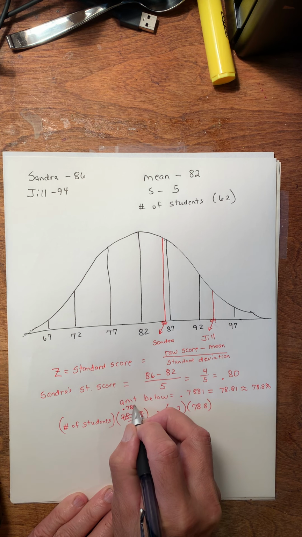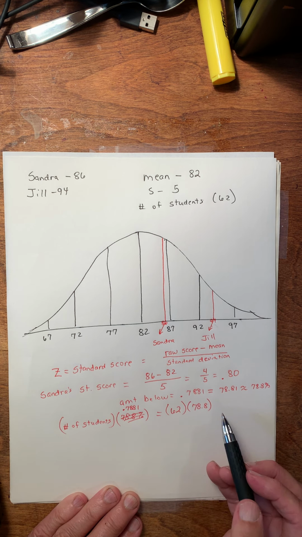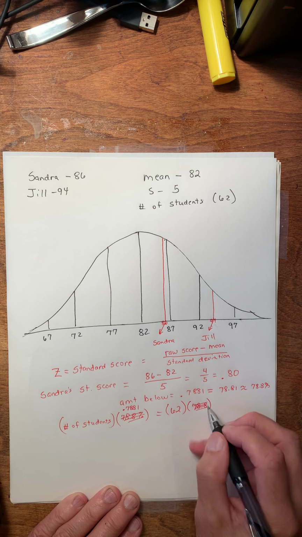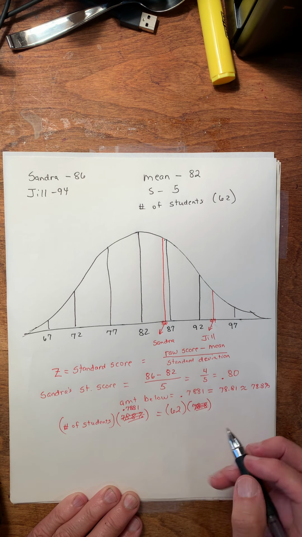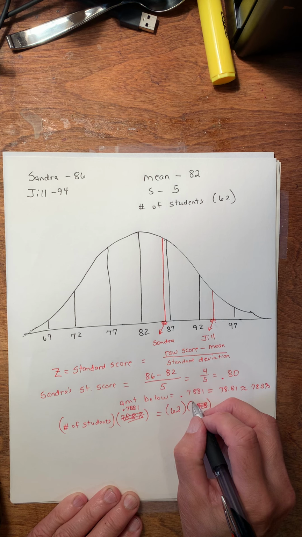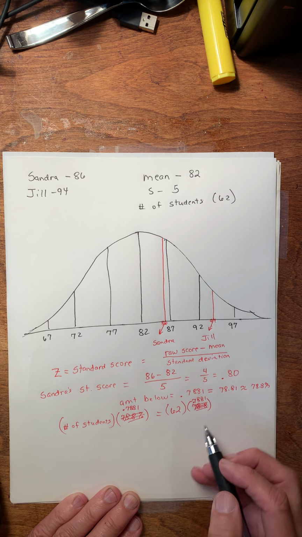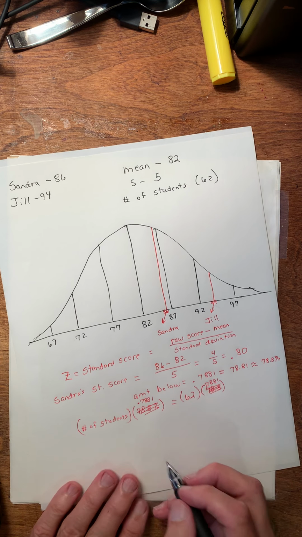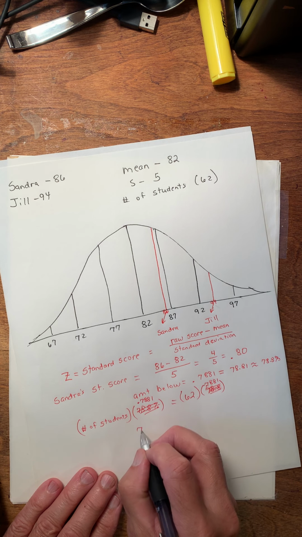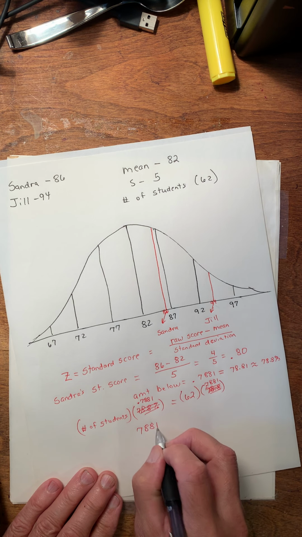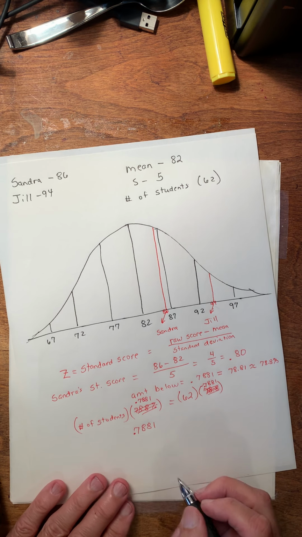And I might as well leave it 0.7881. It is 78.8%, but to get the accurate number, I'm going to multiply by the decimal. So I'm going to multiply 62. Like I said, I don't have my calculator with me.